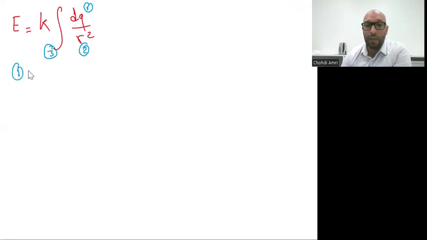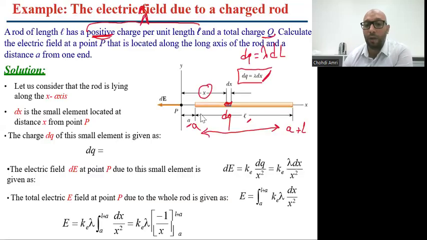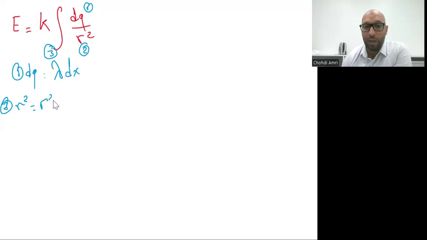At first, dq: in our case, we are talking about a linear charge distribution, and we said it's lambda dx. What about R squared? R squared, we said, is the distance from the charge dq to the point P. In the figure here, that distance is x, so it's x squared.